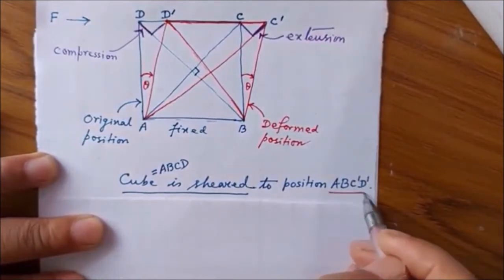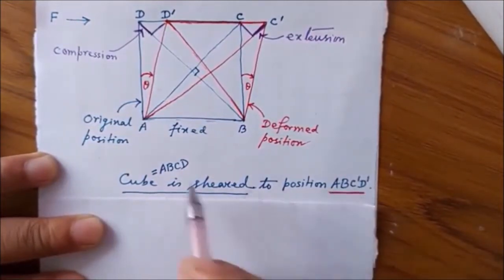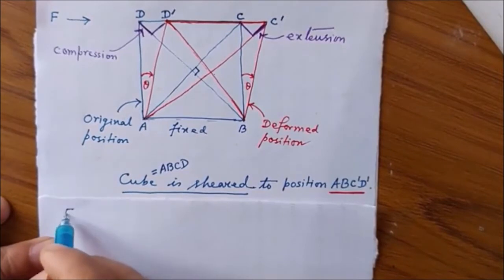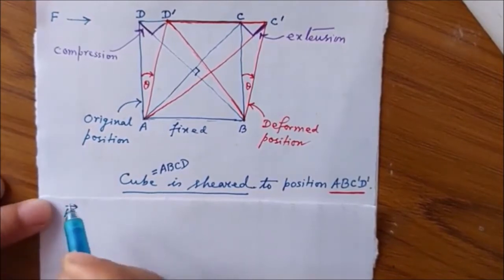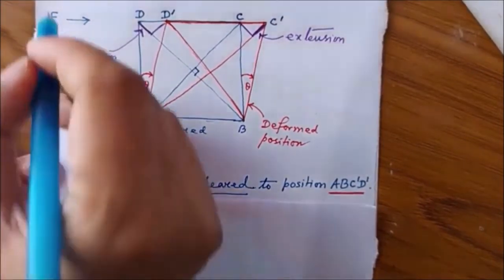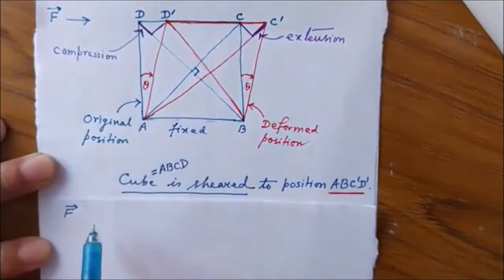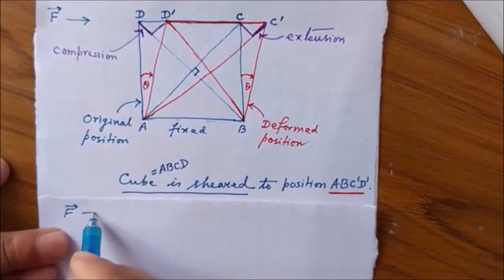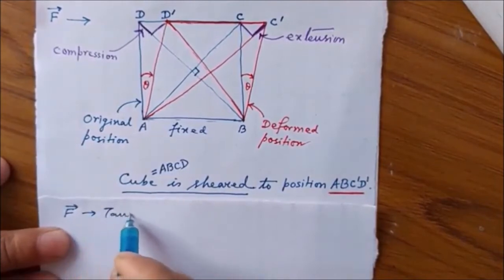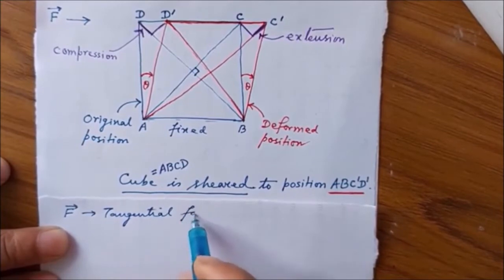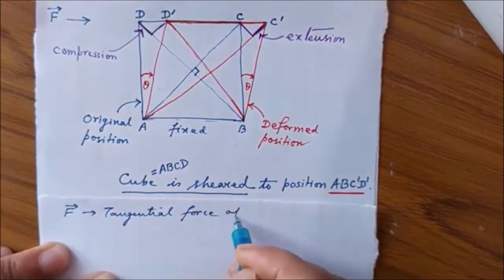So this is the new position of the cube and this one is the old position of the cube before shearing. Vector F, which is here, is the tangential force applied to the upper end.